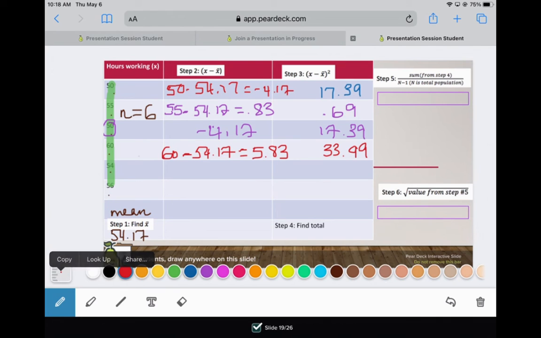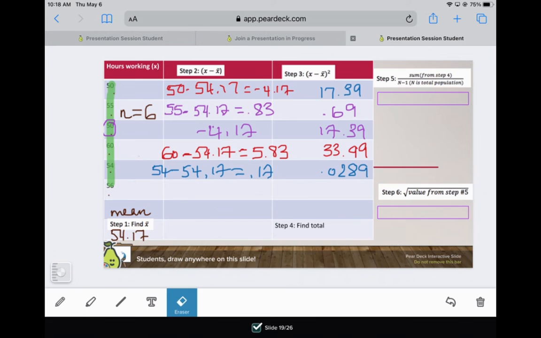Then I will move on to the next one, 54 minus 54.17. That gives 0.17. Square it, 0.0289. Whoops, I only want 2 decimal places, so that would be 0.03.